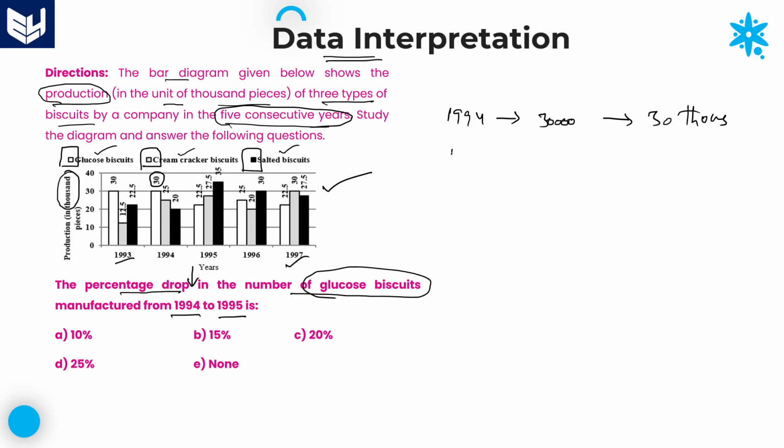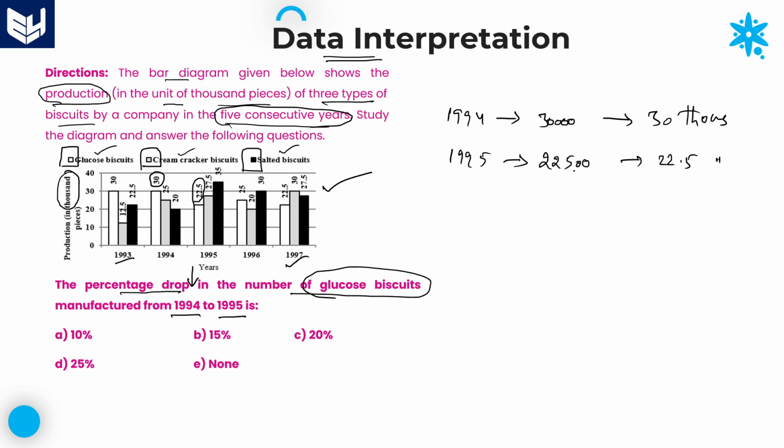And next, coming to 1995, it is 22.5 thousand, which means 22,500. Obviously, it decreases from 94 to 95. In 94 the value is 30,000, whereas in 95 the value is 22,500.